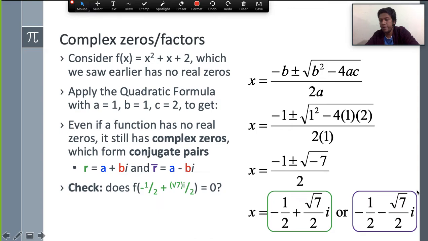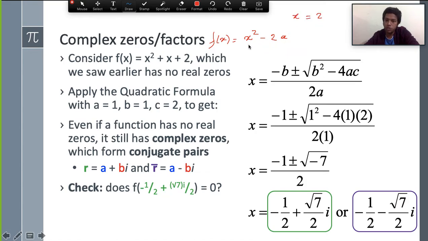Suppose in our previous lessons, you know that if you get a real zero, let's say f(x) = x² - 2x, one of the zeros of this function is x = 2.